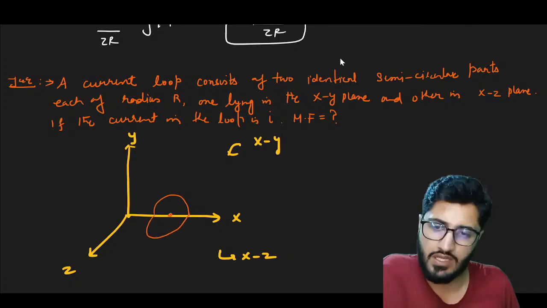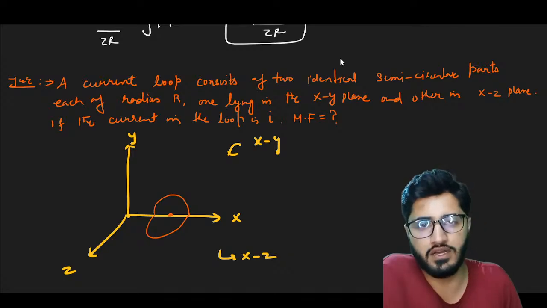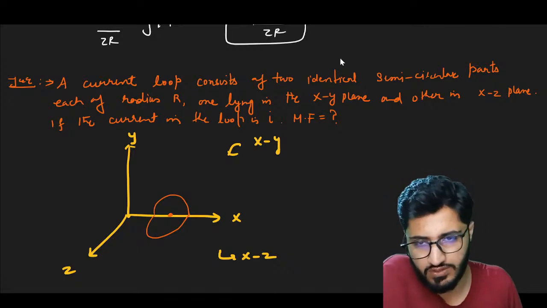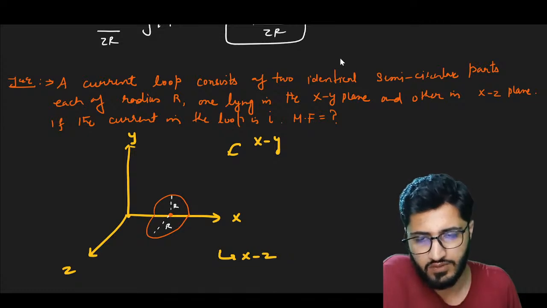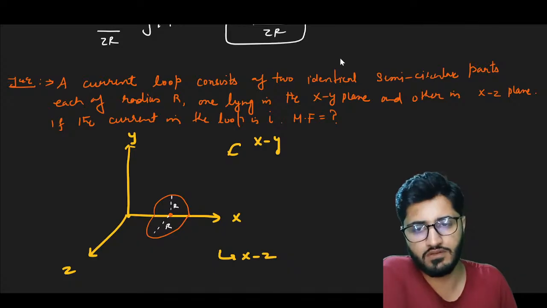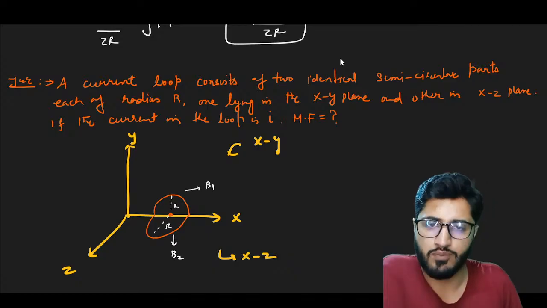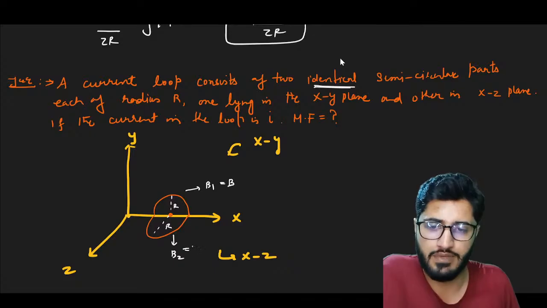Okay, these are similar. So if the radius is the same, R and R, then B1 would be this one and B2 is this one. Look, both are identical. Identical means both magnetic fields are the same, B and B.